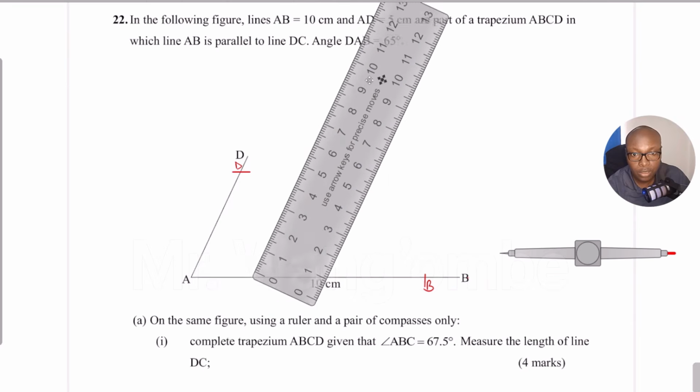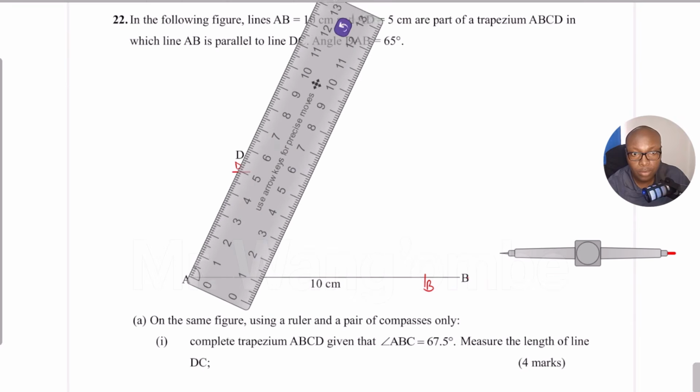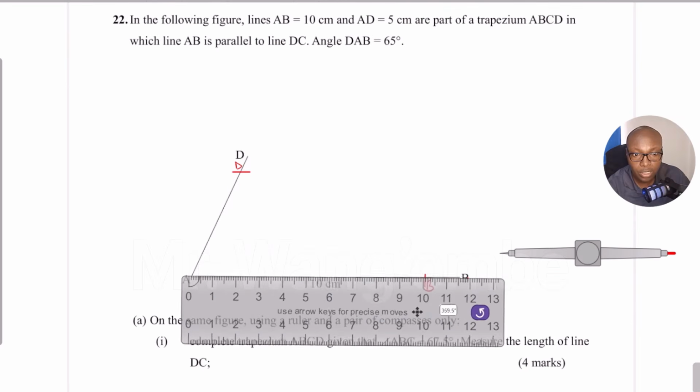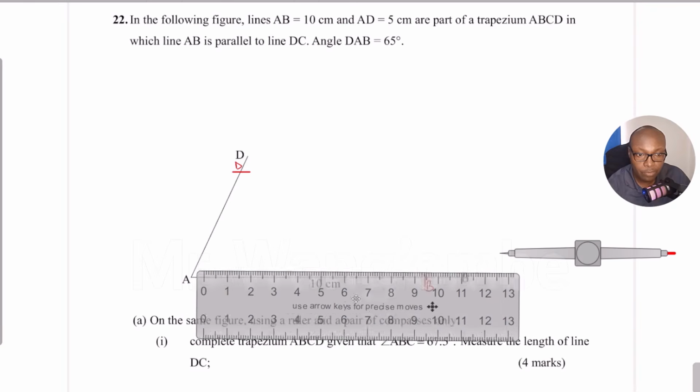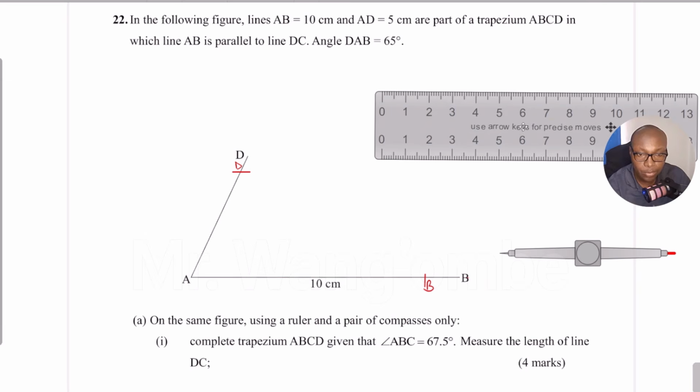And then let me confirm about AB. You can see AB is 10. So that is why I've just shifted the positions of D and B, so that we may not get different answers. Otherwise, the most important thing is to understand the steps that you're going to use in the construction.